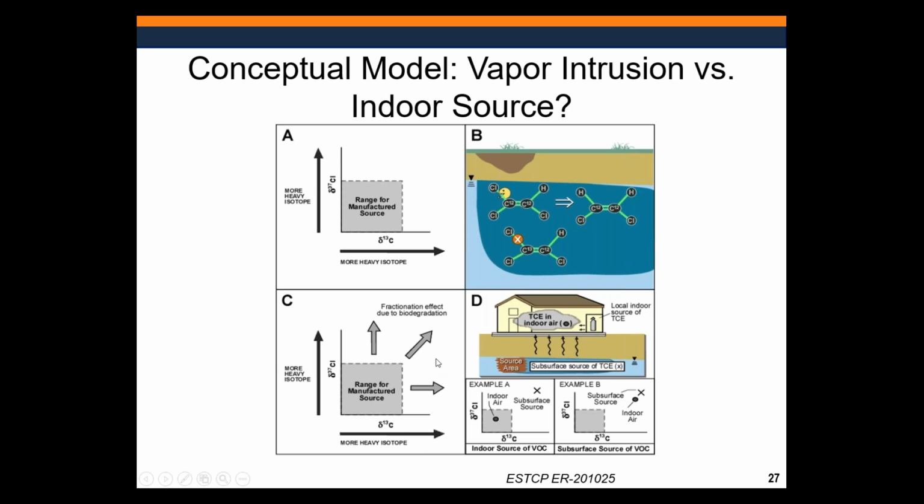So essentially, the idea here is you take an indoor air sample and you compare those data, both carbon and chlorine isotope values, to manufactured sources versus the source in the groundwater that's potentially fractionated.